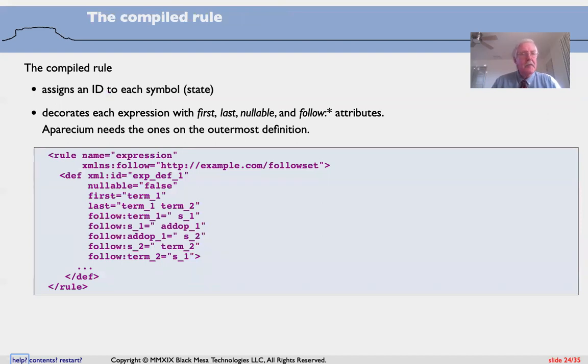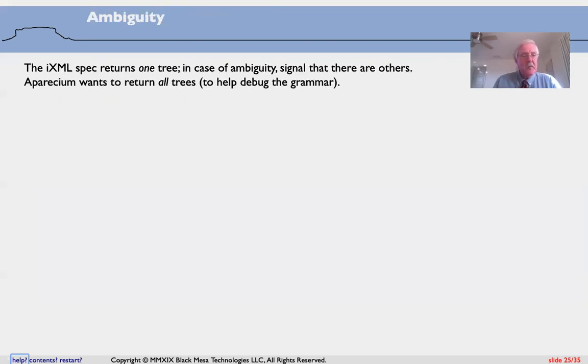Inside of Aparecium, we keep the rule and we just assign additional attributes to every sub-expression in the rule, working recursively and inductively until we finally have the entire FSA defined for the entire rule. And that allows us to assign a name to every state in the finite state automaton, and we can keep track of our position in the rule. It is the name of a state.